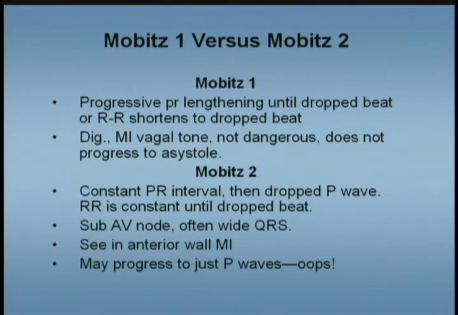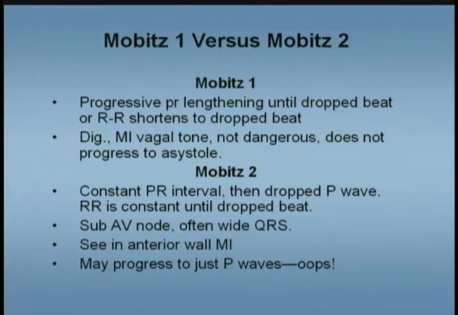In Mobitz 1 or winky block, what you see is lengthening PR intervals. The first PR interval is this long, the second PR interval might be like this, the third PR interval is like this, and then there's a P wave followed by no QRS, and then the cycle restarts. A PR interval this long, the next beat has a PR interval this long, the next beat is this long, and then there's a P wave without a QRS.